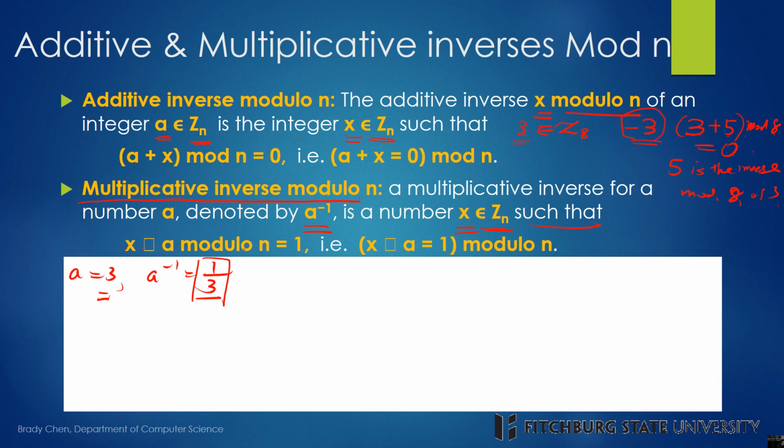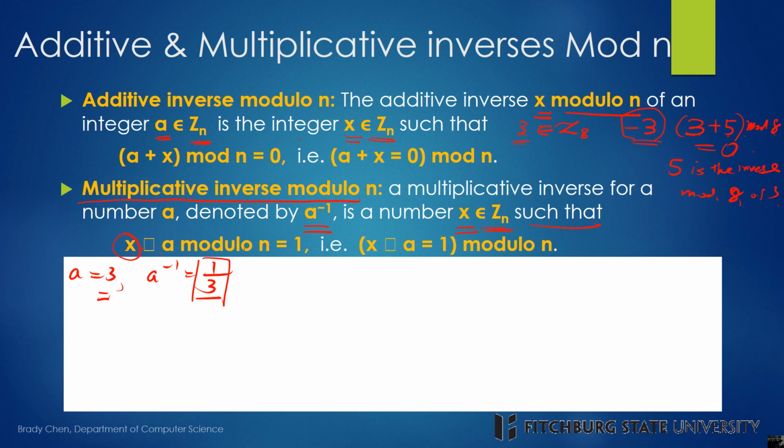So x should also be an element in Zn, which is an integer, from 0 to n minus 1. So the inverse of a is not a fractional number. It's also an integer. That's completely different from the multiplicative inverse in the regular sense.